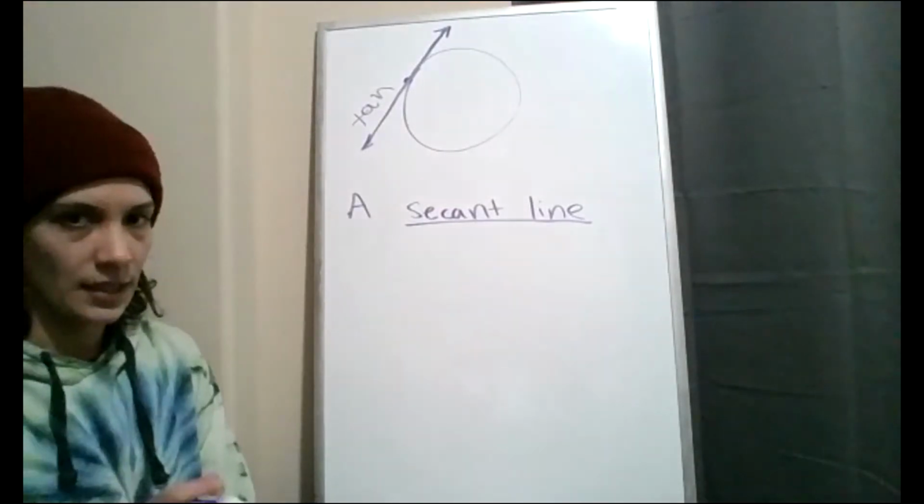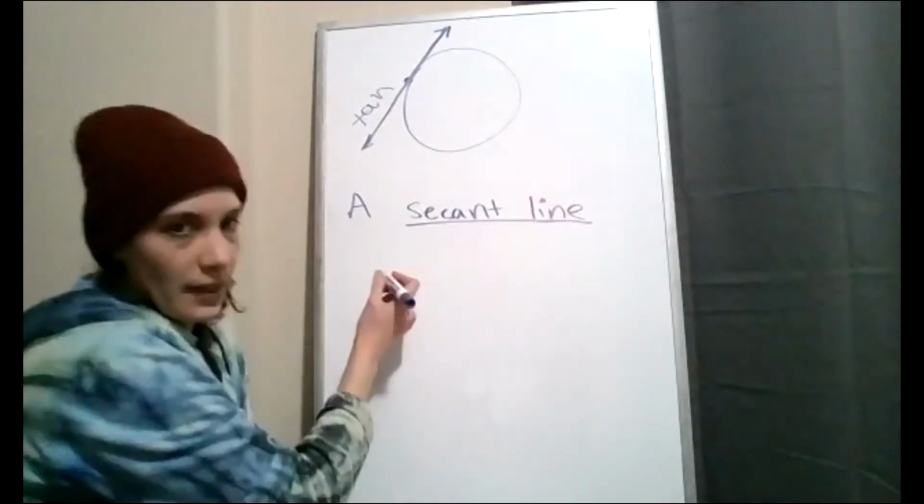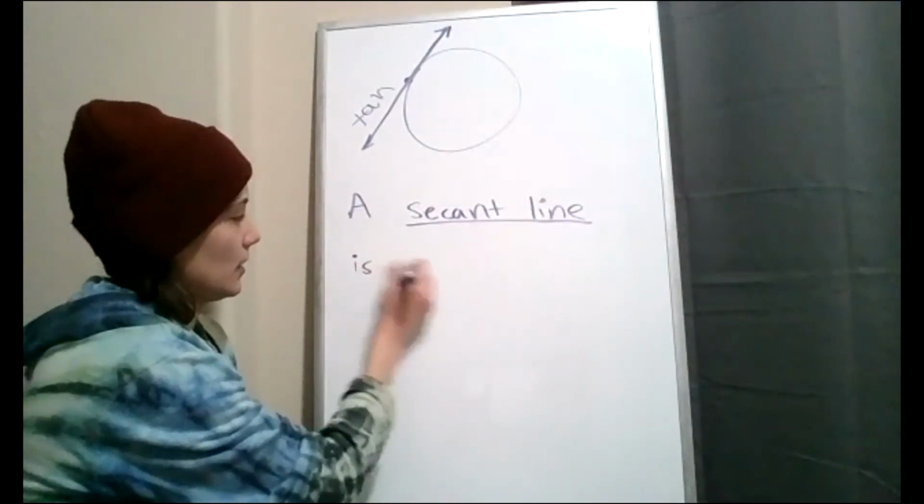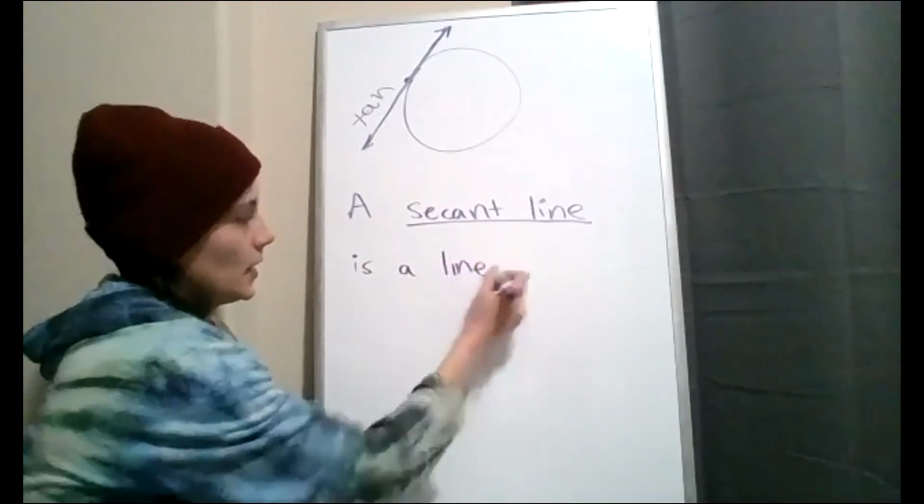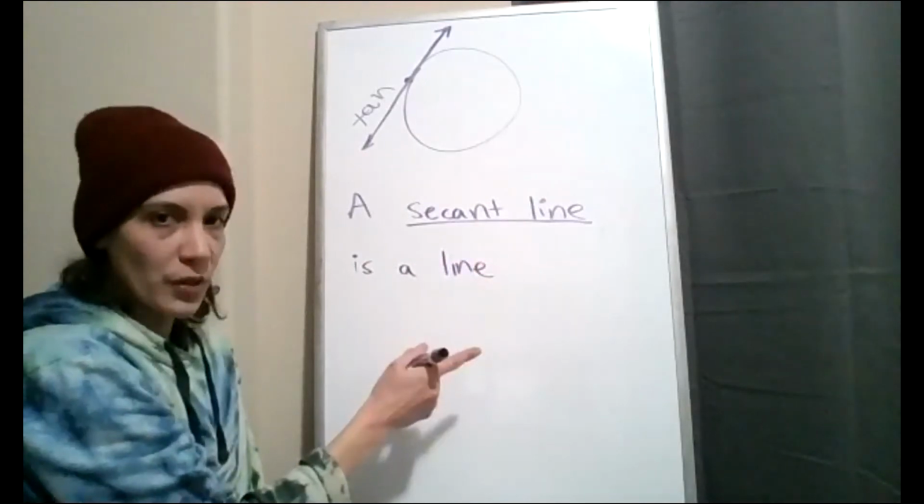Okay, so a secant line is a line that intersects the curve more than once.